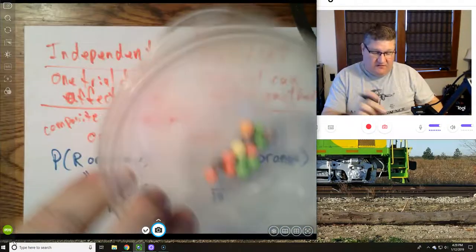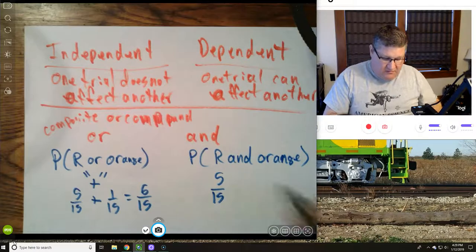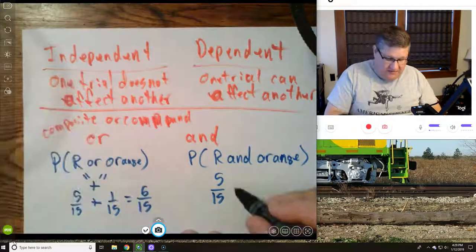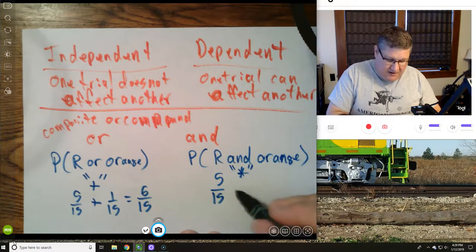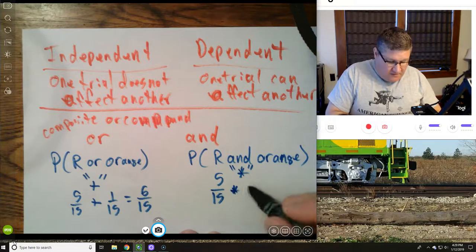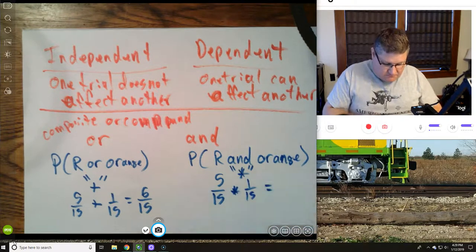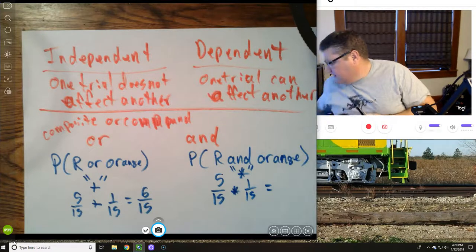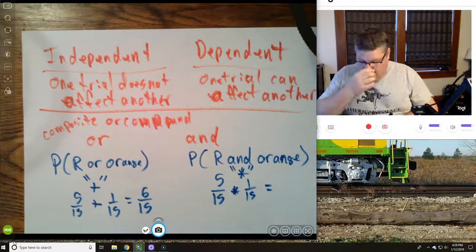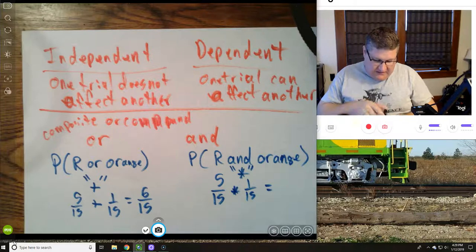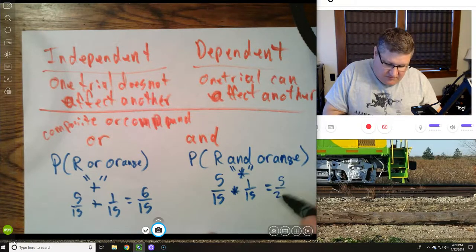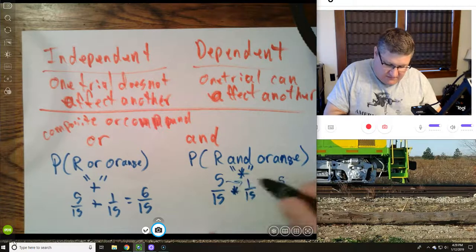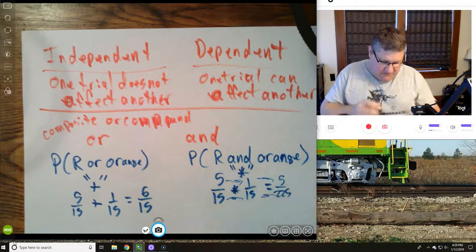Again, it still only works if I put it back in. So we're using with replacement, independent, and this time the key math term is multiply. So I'm going to multiply by orange, 1 out of 15. That's going to make 5 out of 225, because 5 times 1 is 5, and 15 times 15 is 225.